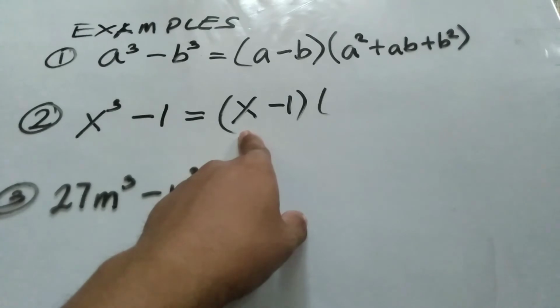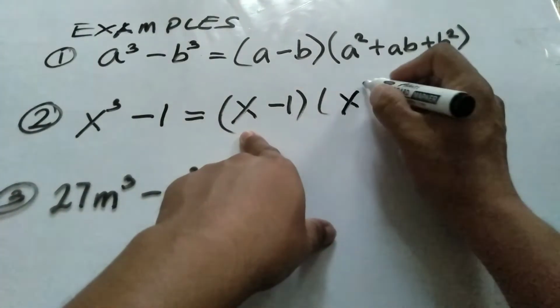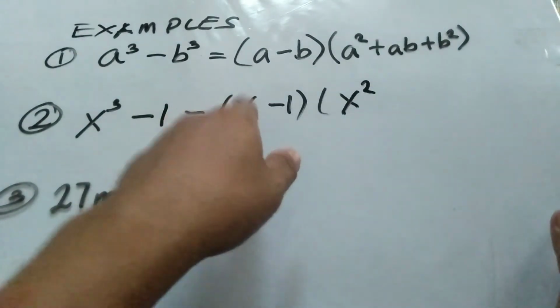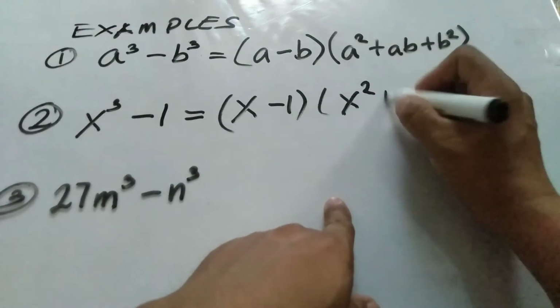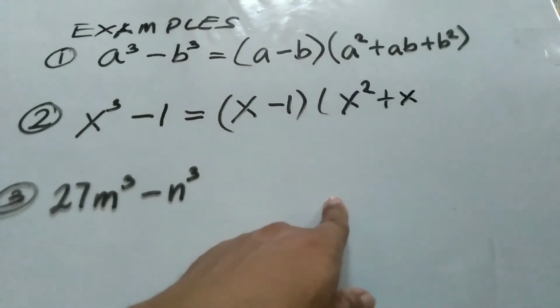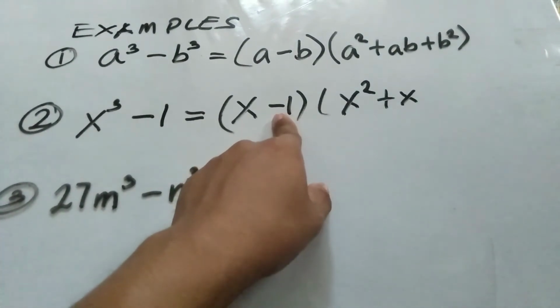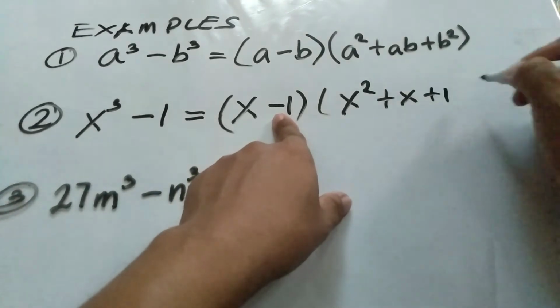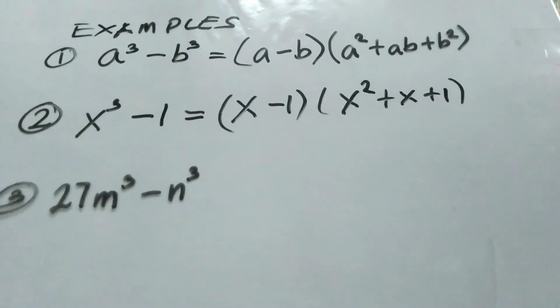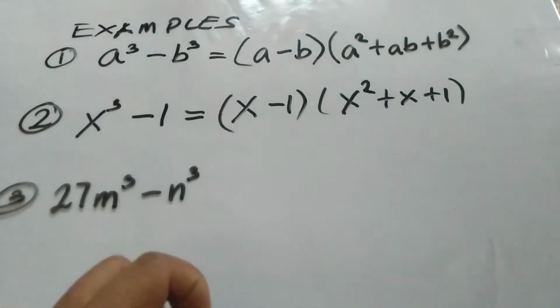Yung procedure po natin. Square the first term. We have x squared. First term times second term times negative 1. So, positive x. Square the first term. We have plus 1. At yan po ang ating factor para sa number 2.